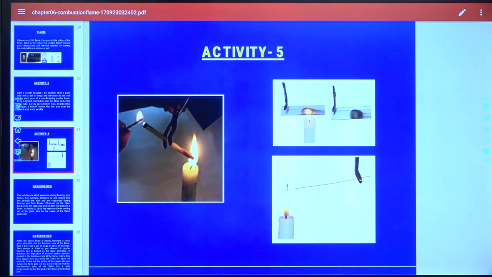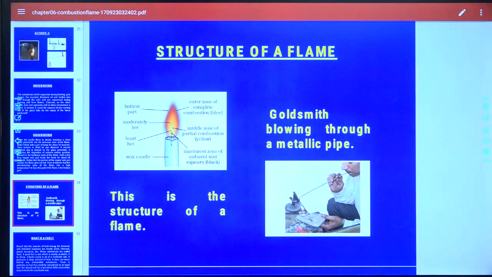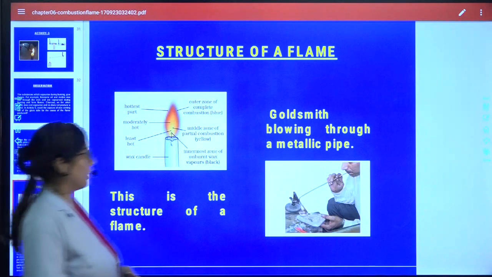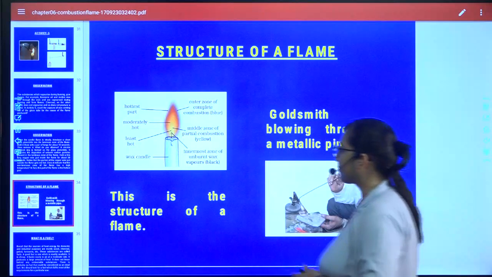So, this is how we observed the various zones of the flame, and here it is: the structure of the flame.